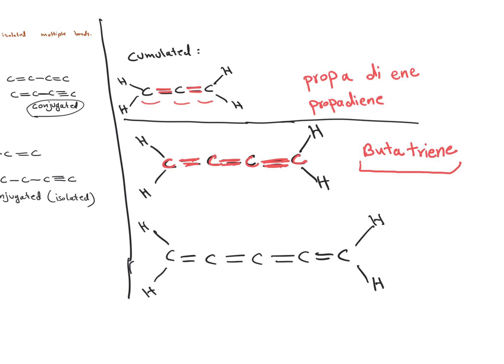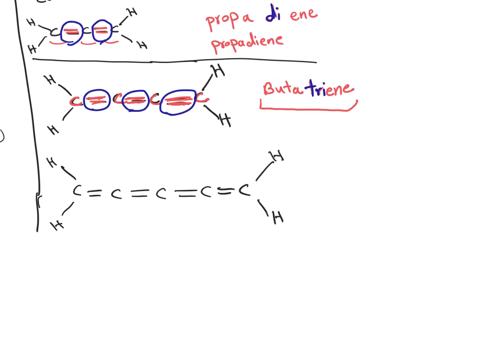Since I was distracted before: we have 1 double bond, 2 double bonds here, so we say diene. With 1, 2, 3 double bonds, we say triene, right?